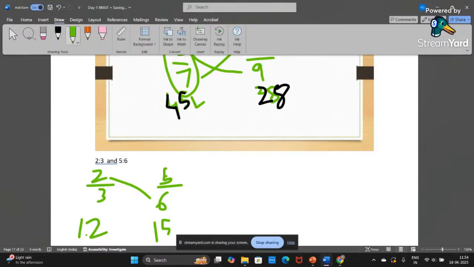So the value should be written next to the number which you have considered as the numerator. So 12. Of these 2, which is the bigger number? 15 is the bigger number. That means in ratios 2:3 and 5:6, 5:6 is the bigger ratio.